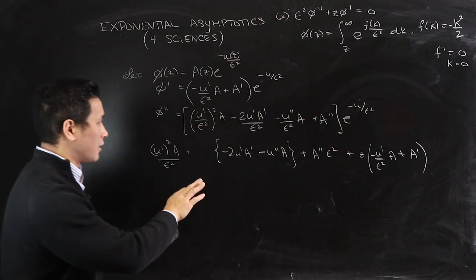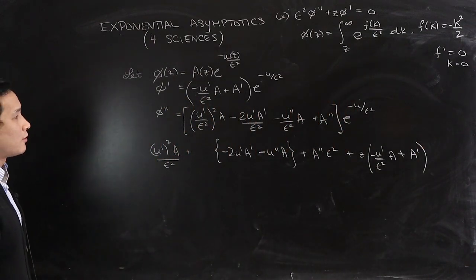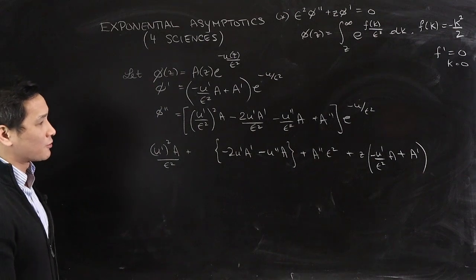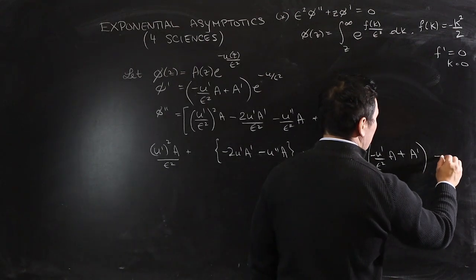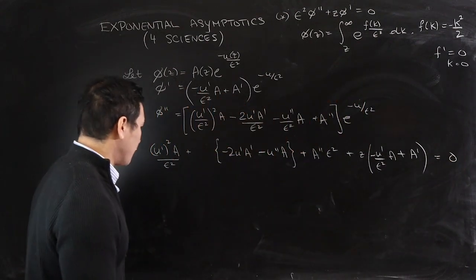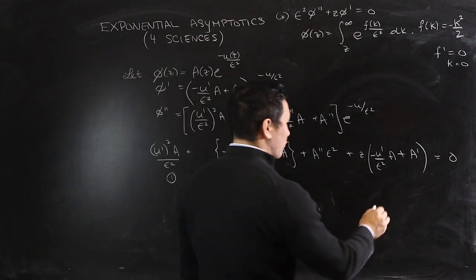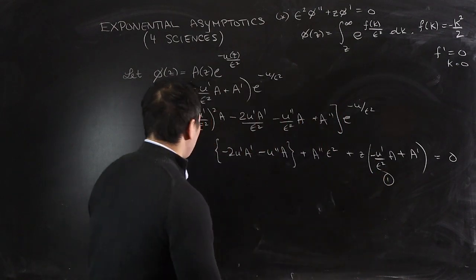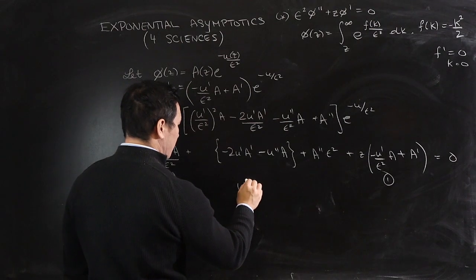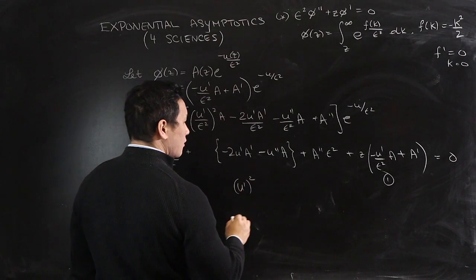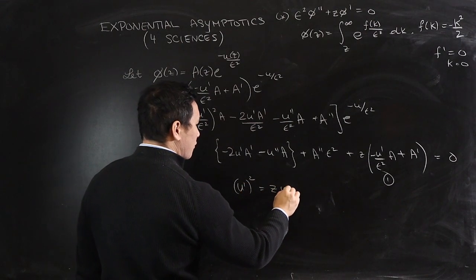Okay, and then everything here is multiplied by an exponential, but then it's equal to 0, so you can take away the exponential. Okay, and if you've done everything right, then if you look at this term 1 and this term 1 here, you get basically u prime squared is equal to z times u prime.